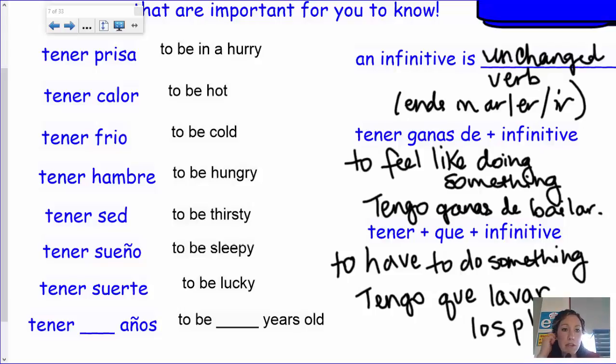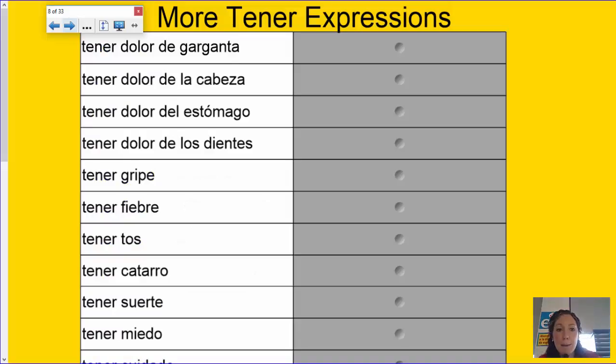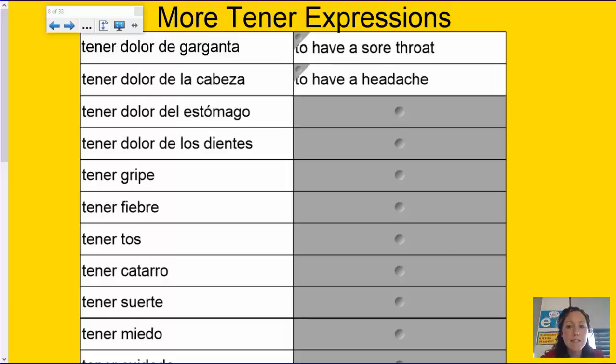Okay, and on the following page, we just have a little list, not so little, but a list of some more commonly used tener expressions. Okay, so tener dolor de la garganta is to have a sore throat. Tener dolor de la cabeza, to have a headache. You will notice that most of them on this page have to do with some sort of injury or ailment or something on your body that hurts.